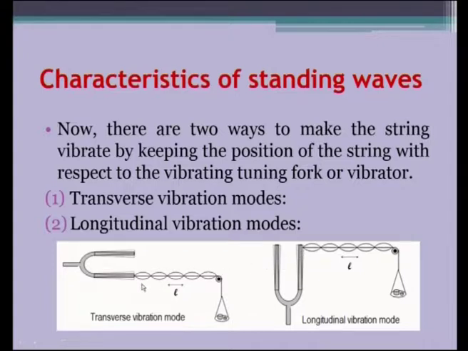In transverse vibration mode, the prongs are moving up and down, and the string is kept perpendicular to it. In longitudinal vibration mode, the vibration is happening in the direction in which the string is kept. The pictures are self explanatory. We have masses attached to the string so that tension could be provided.